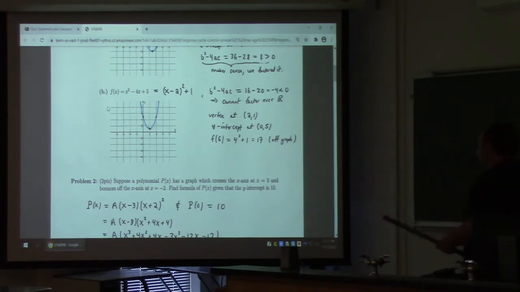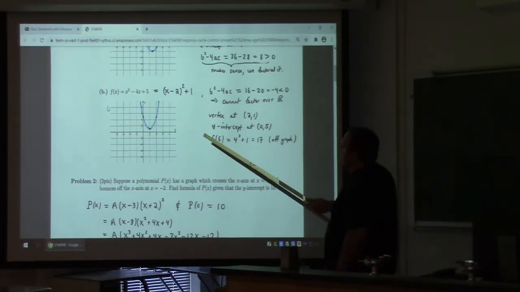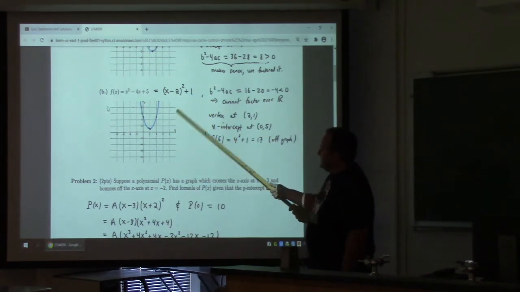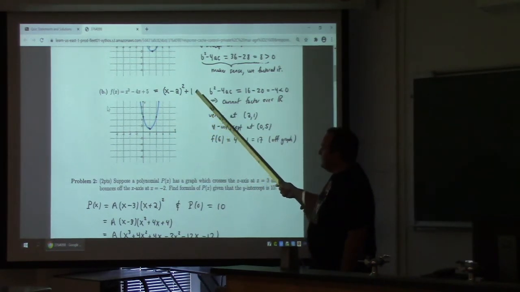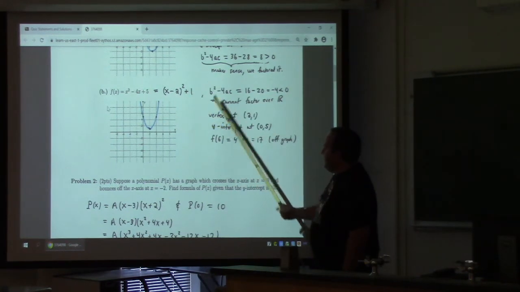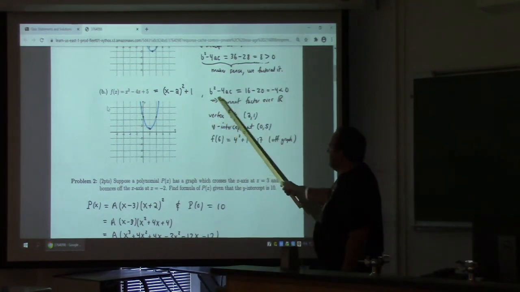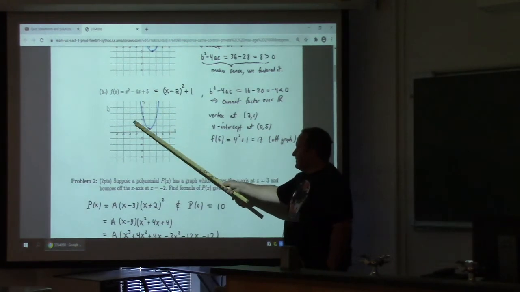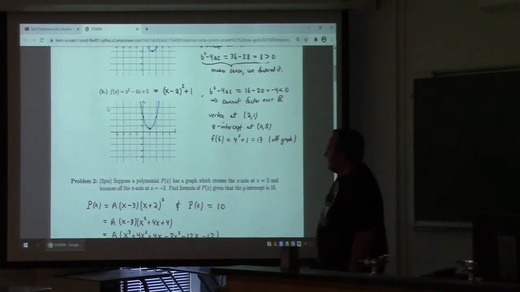For part B, if I complete the square, I get this, which shows me the vertex is at 2, 1. And of course, the discriminant here is minus 4, which goes to show you cannot factor it over the reals. But I can use the y-intercept of 5. That's easy, low-hanging fruit to graph the thing.